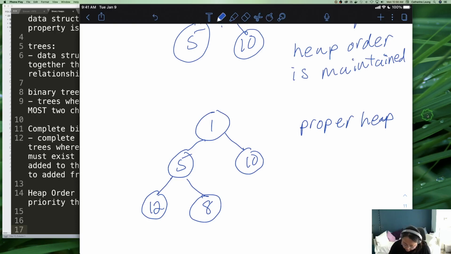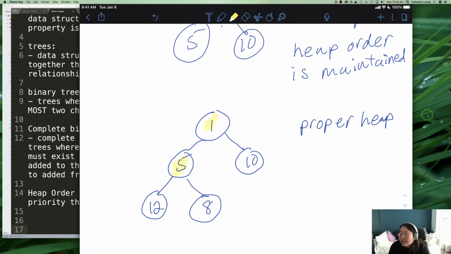So, if we look at priority, who is the highest priority item? Well, definitely one. That's the highest priority item. Who is the second highest priority item? Well, this is the second highest priority item right there. Where's the third highest priority item, though? It isn't at the 10.